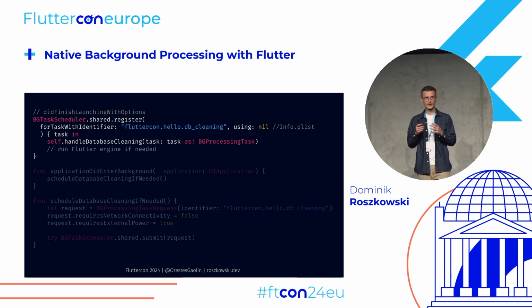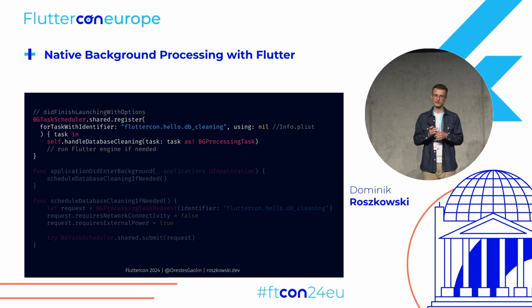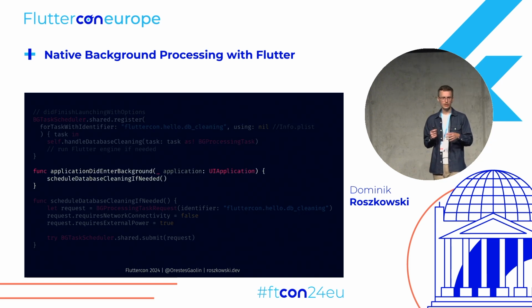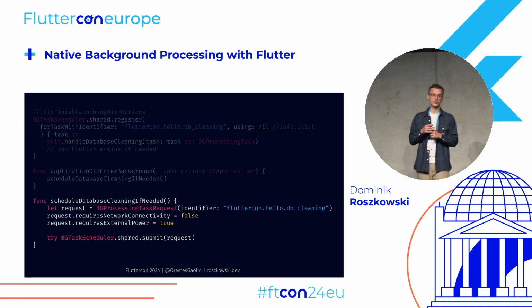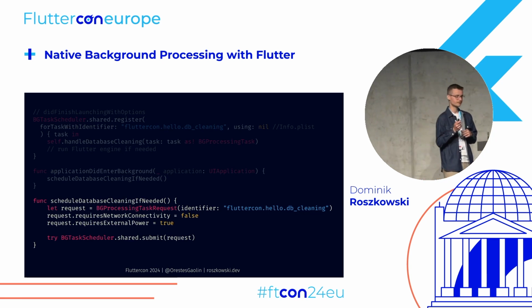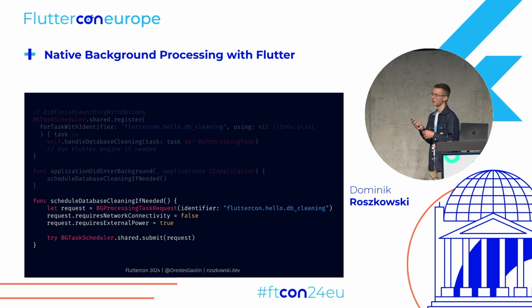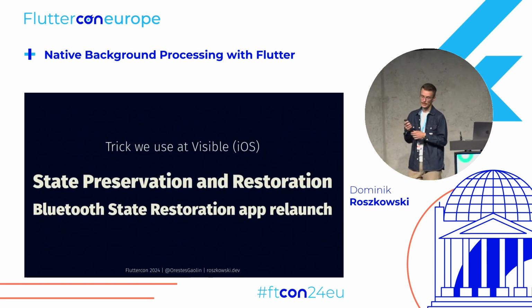You have to predefine all of your background jobs by providing them in the Info.plist file. When you leave the app, you just let the system know, hey, we very kindly ask you to run this background job whenever you're available. So in this particular case, when the external charger is connected, this callback that we have at the top is going to be run.